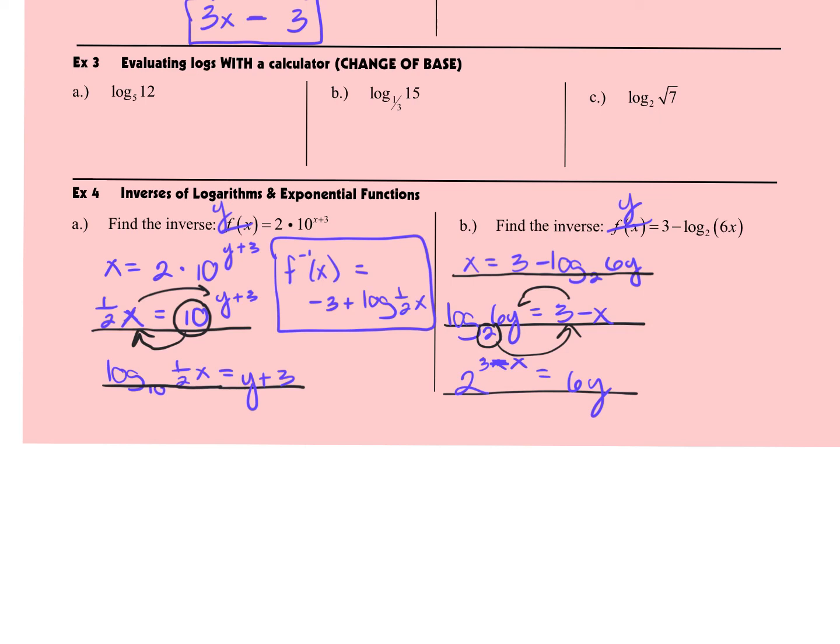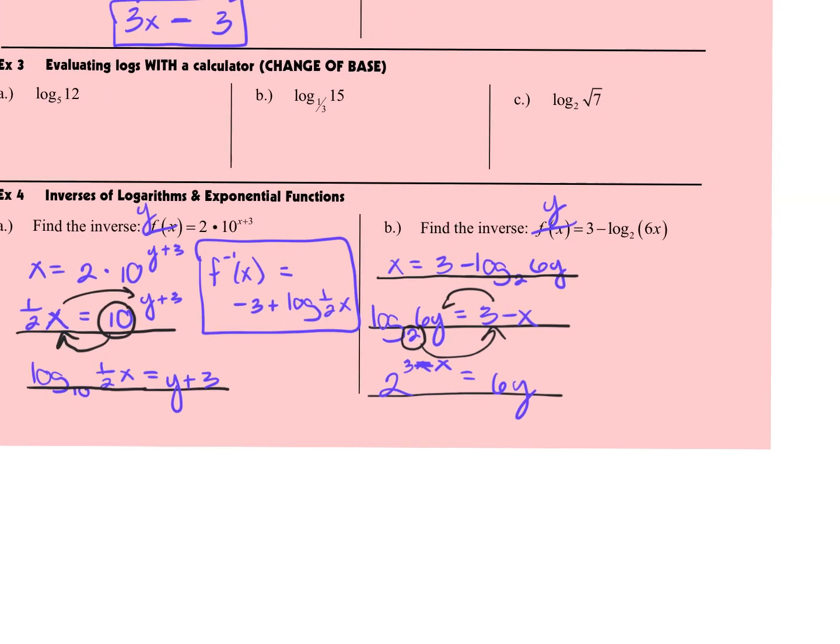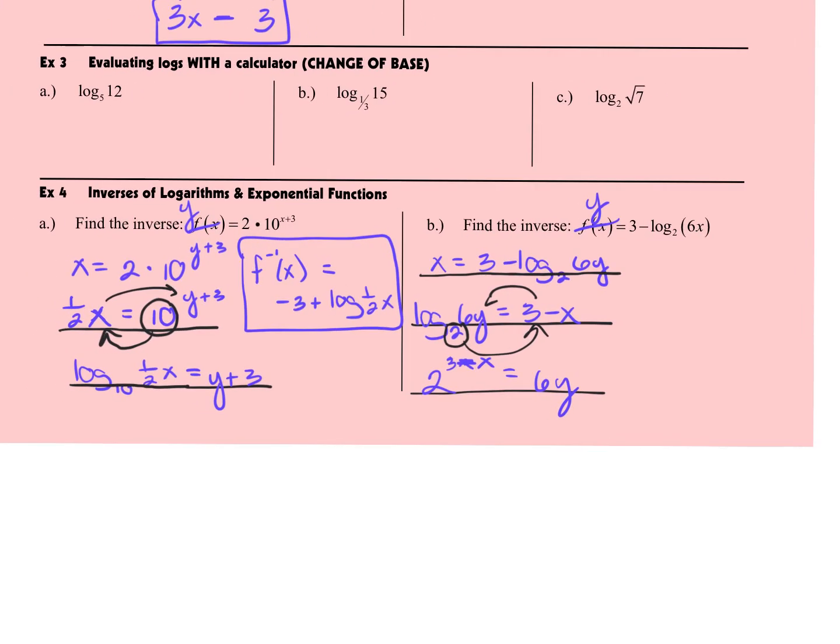My last thing to do is to divide both sides by 6, or what I want to think is multiply by 1/6. So my final answer here is going to be f negative 1 of x, our inverse notation, and I'm going to write this as 1/6 times 2 to the 3 minus x.